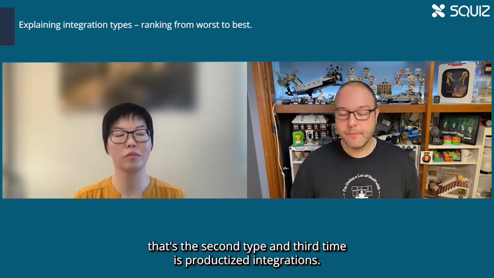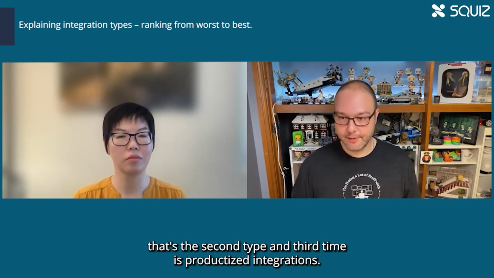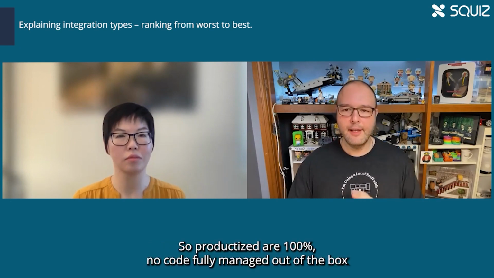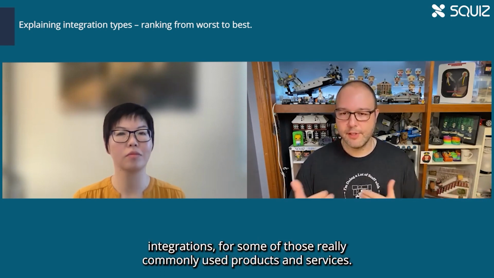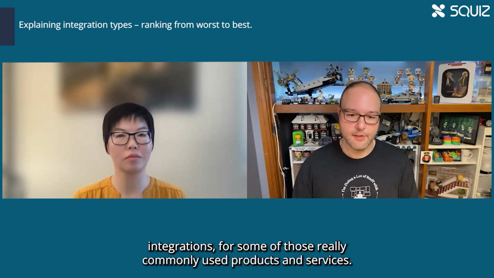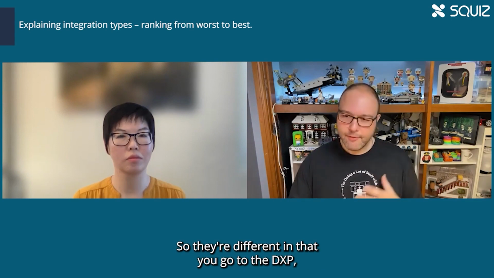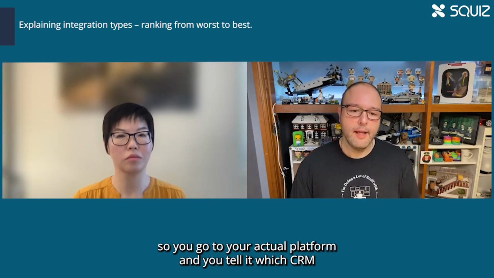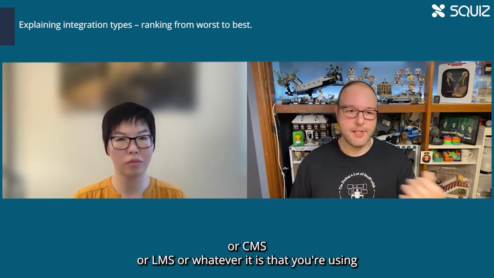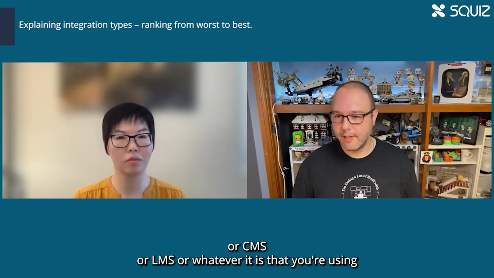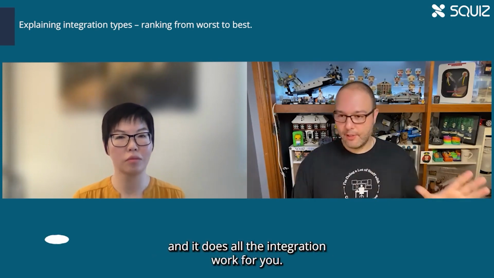And the third type is productized integrations. Productized integrations are 100% no code, fully managed, out-of-the-box integrations for some of those really commonly used products and services. They're different in that you go to the DXP, so you go to your actual platform, and you tell it which CRM or CMS or LMS or whatever it is that you're using, and it does all the integration work for you.